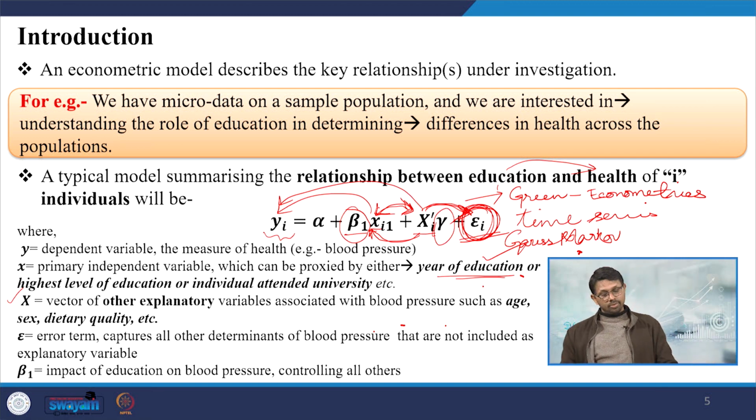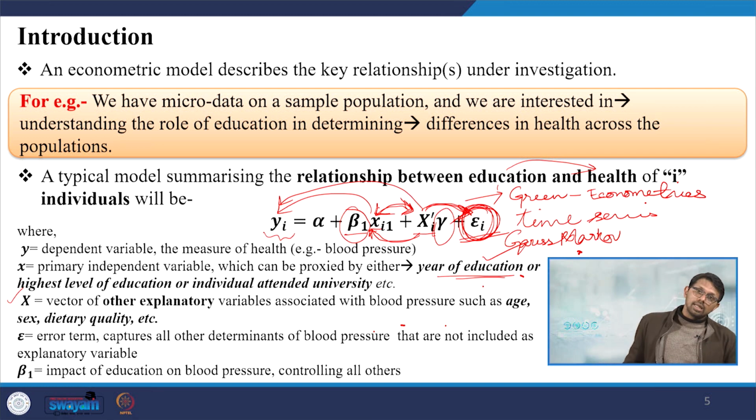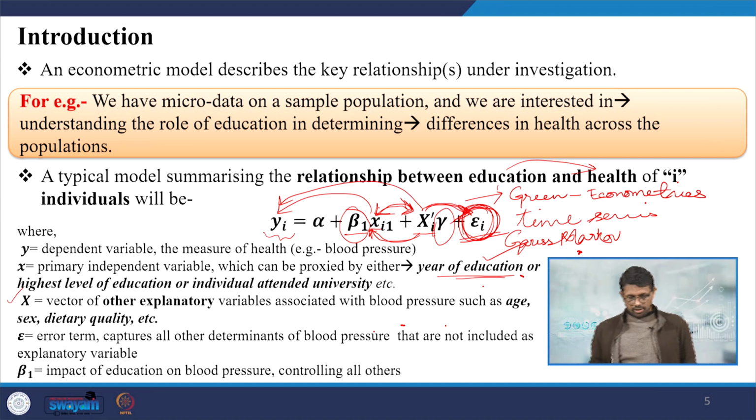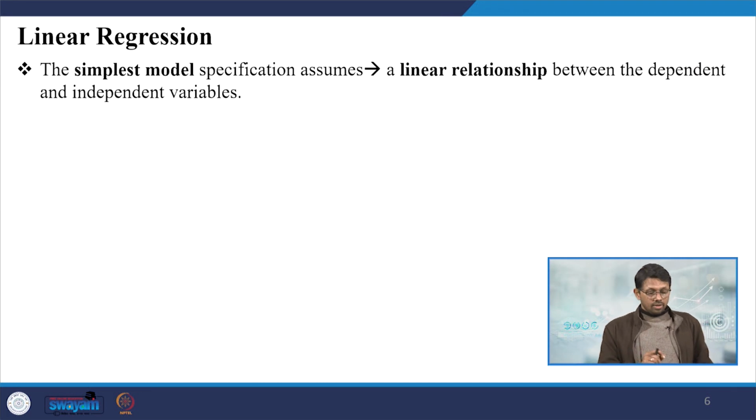So, it should not be beta 1 square or beta 1 cube, etc. Then that refers to non-linearity or non-linear models. So, at this moment the simplest model specification assumes a linear relationship between dependent and independent variables, but the relationship should be explained with their coefficients. Okay. Coefficients should be linear.